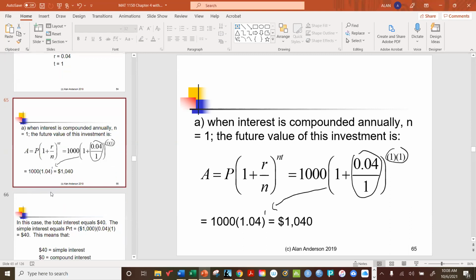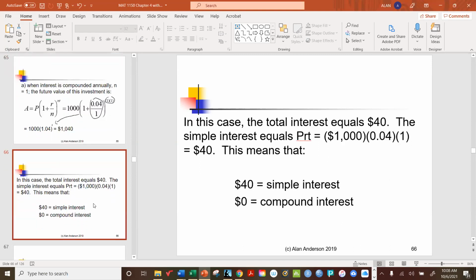Very simple. So now let's decompose it into total interest, simple interest, compound interest. Clearly, the total interest is $40. That's the obvious part, because you started with 1,000, you end up with 1040, and so your total interest is 40.